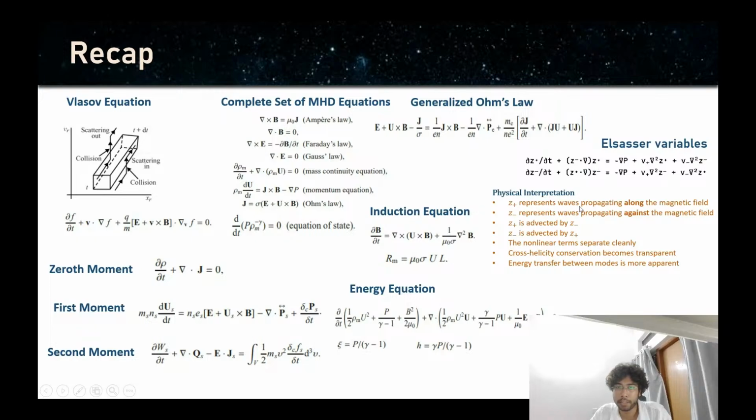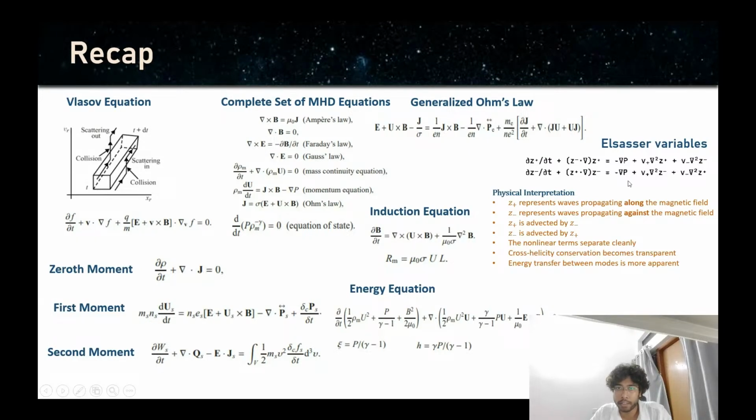So why is this transformation of variables useful? Because it has a physical meaning: z plus represents waves propagating along the magnetic field, and z minus represents waves propagating against the magnetic field. From this equation, we can see that z plus is affected by z minus, and z minus is affected by z plus.